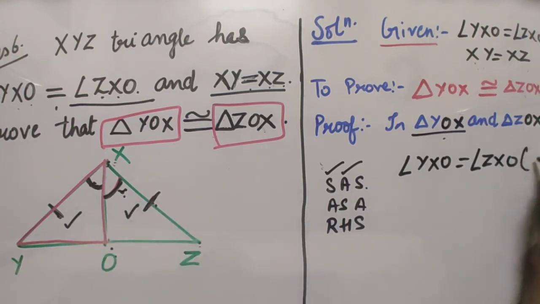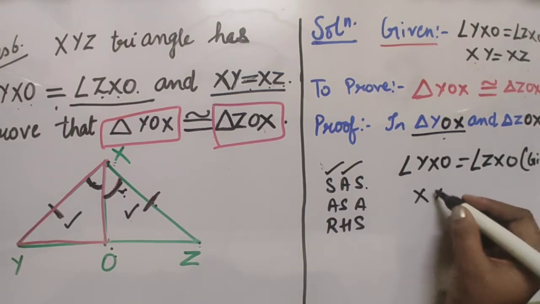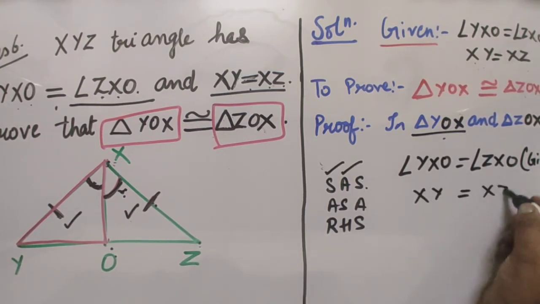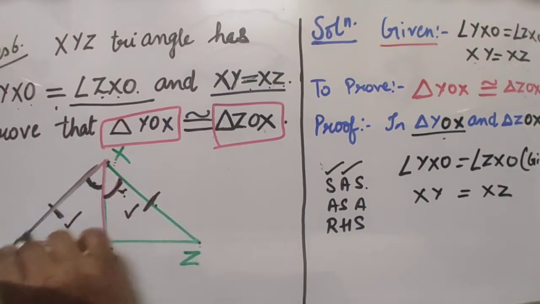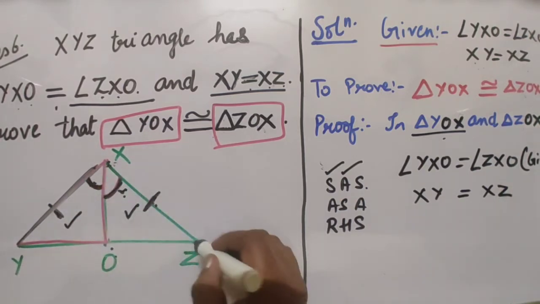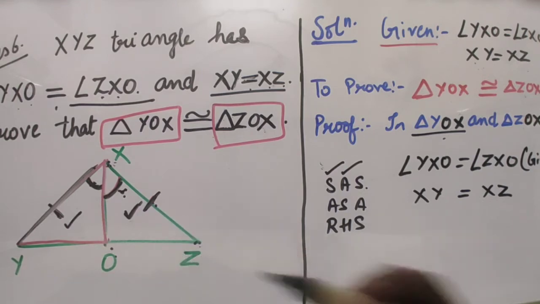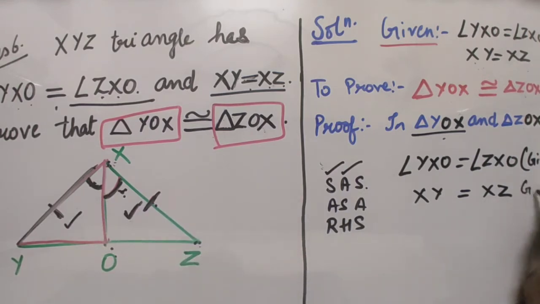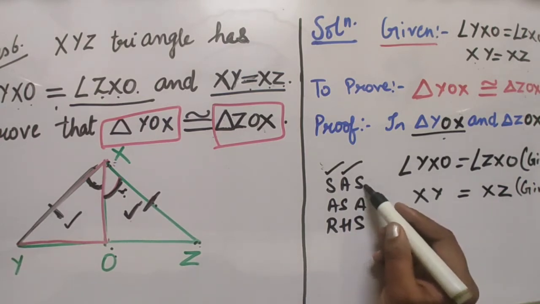So they are equal, so we will write given. The next portion which is given in the question, XY equal XZ. XY belongs to this triangle and XZ belongs to the second triangle. So we can take this. It is also given part of the question. Now we need one more thing. So let's try for S.